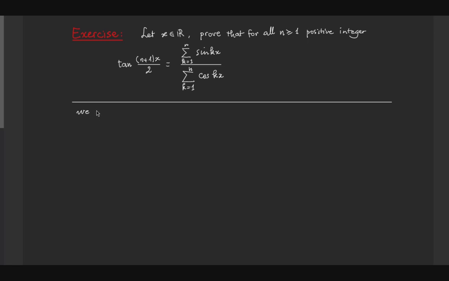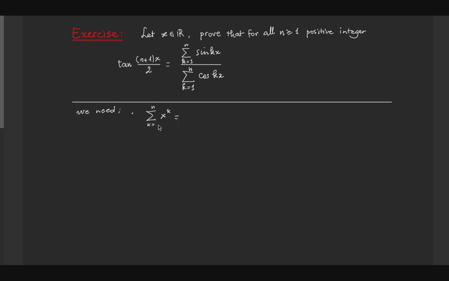So we'll need first the sum of a power series, x to the k, k equals 0 to n. Well, let's say k equals 1 to n, just for convenience.